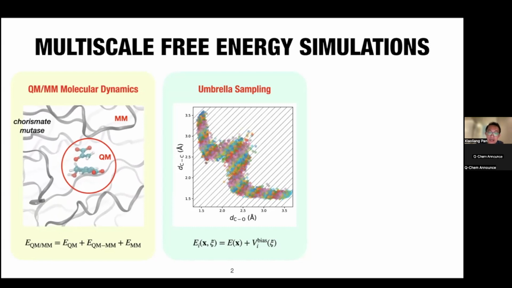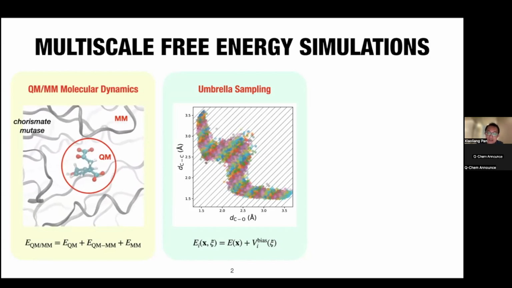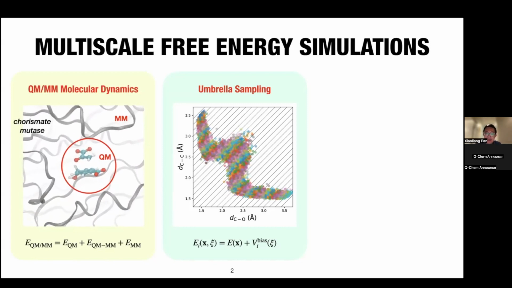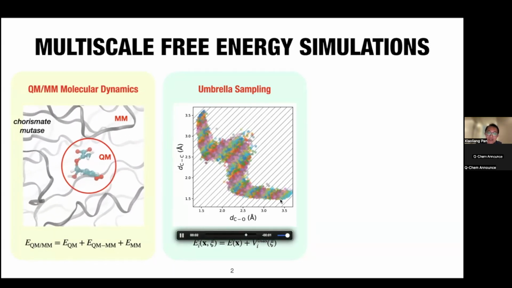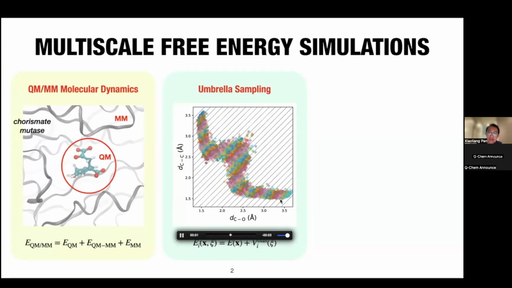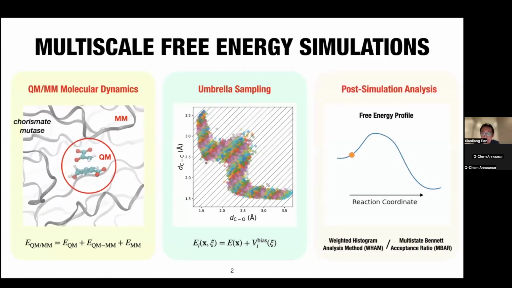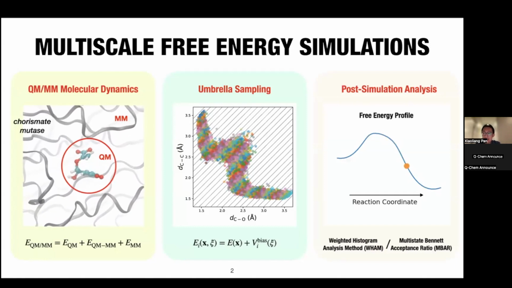Then you see different colors are different windows, or just parallel simulations, to cover different areas of the reaction pathway. To achieve this, we add a different bias potential on different windows to encourage the system to sample a certain region. And after we finish this biased simulation, we do post-process analysis to recover the unbiased simulation results.